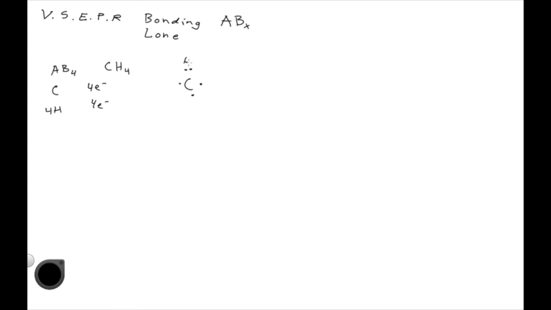So we have 1 up here, 1 on the right, 1 down here, and then 1 over here. And then we can redraw this using our bond lines, like so. And then 1 over here. So now we have the bonding scheme for methane, right?